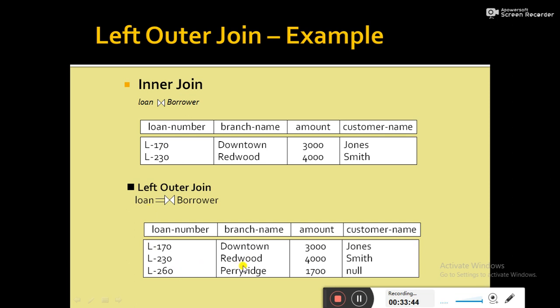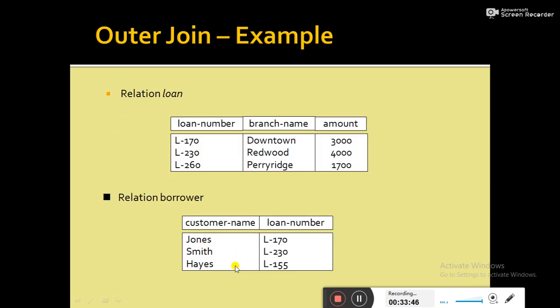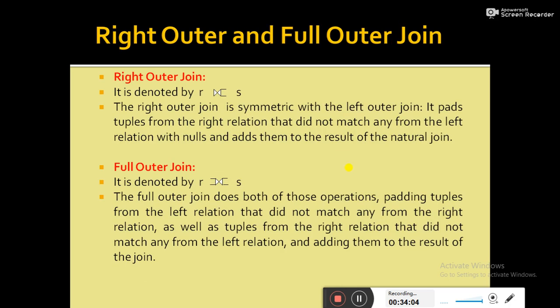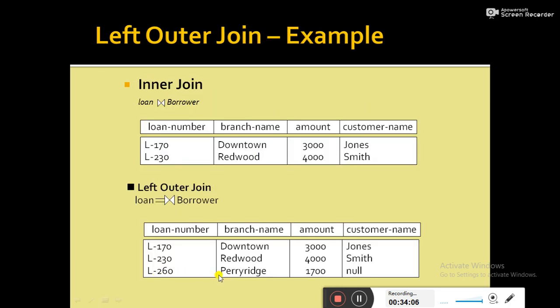For example, if we go back to the previous slides, L260 is not matched with any record of borrower, but the left outer join will still consider that record L260, the branch Perryridge, 1700, and it appears in the relation here.